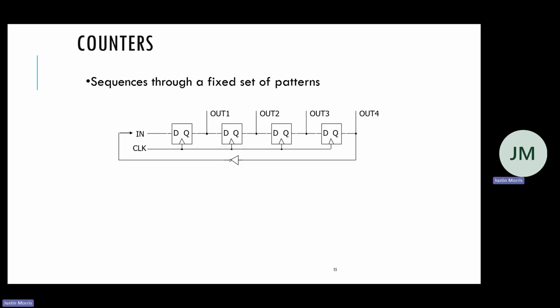Right. So we can also use these as counters. So this is going to go through a fixed pattern. Let's say that we start with all zeros. And then the next clock cycle, this 0, because of the inverter, becomes a 1.